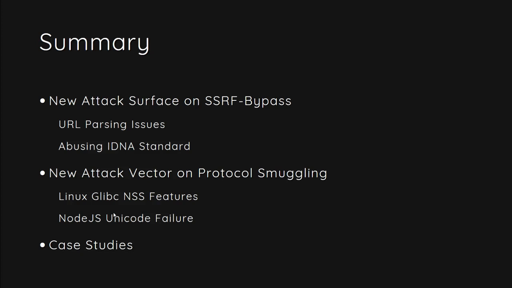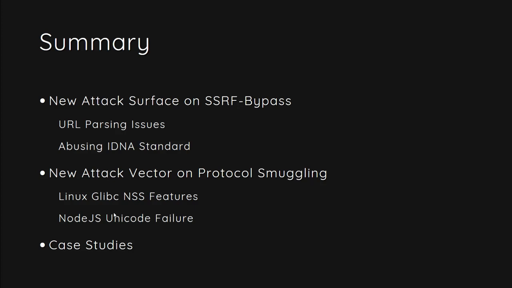Okay, summary. First, we introduced a new attack surface on SSRF bypass, including the issues in URL parsers and the inconsistency between the IDNA standards. Second, new attack vectors on protocol smuggling. We showed the weird feature in Linux glibc and the Unicode failure in NodeJS.